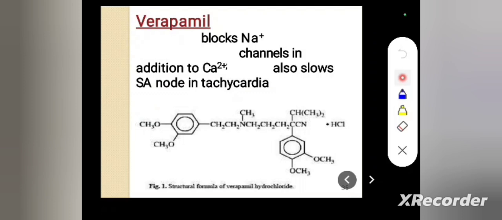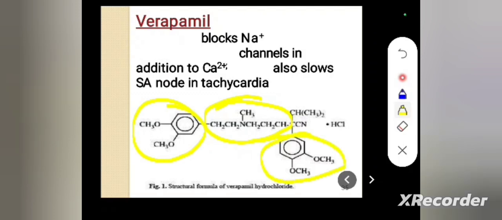So what is the chemistry of verapamil? Verapamil is a tertiary amino compound that also contains polyaromatic ethers, or aromatic ethers, and a nitrile functional group. These are the functional groups present in the verapamil structure.